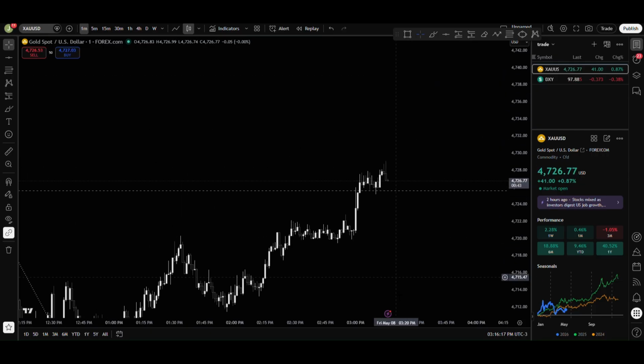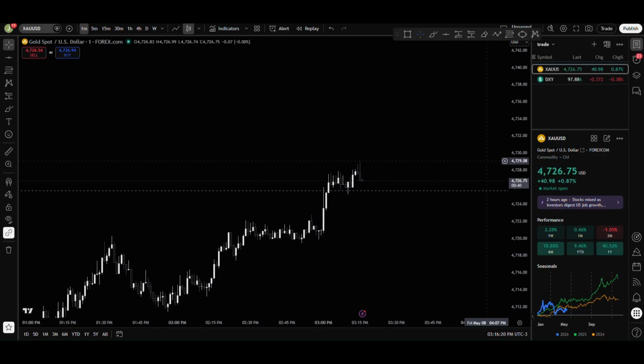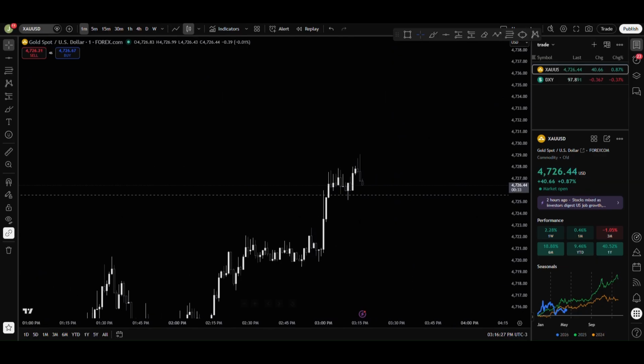Okay. Took a sell there. Waited for the pullback a little bit, but it just wasn't coming, so just setting the protection orders up right now. All right, here's what we got.